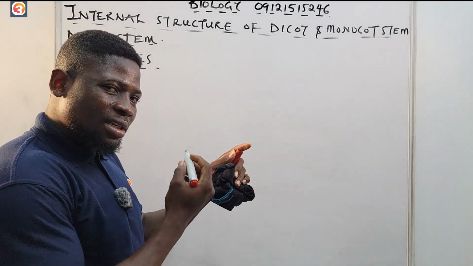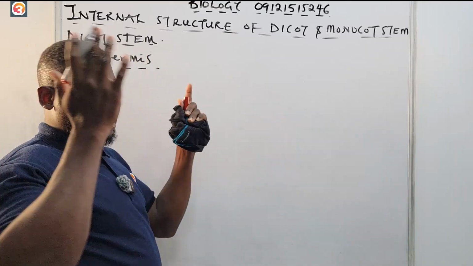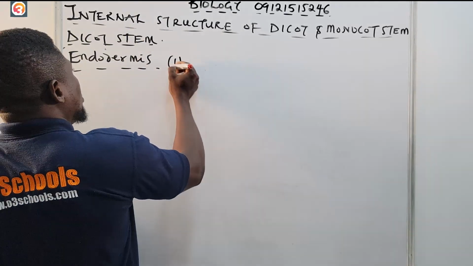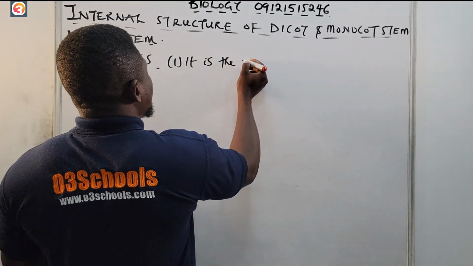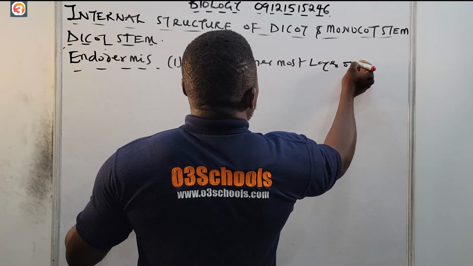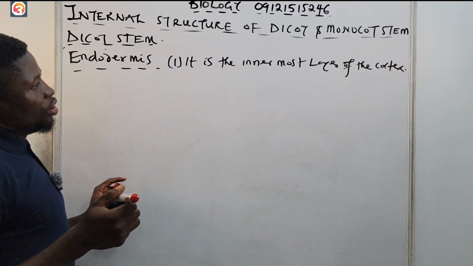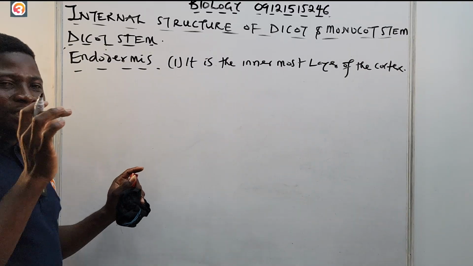There's no need to draw this again, just use your imagination from the last class. Number one, it is the innermost layer of the cortex.